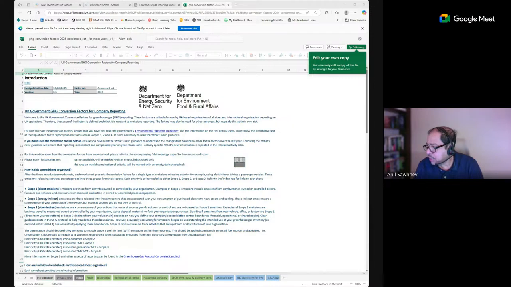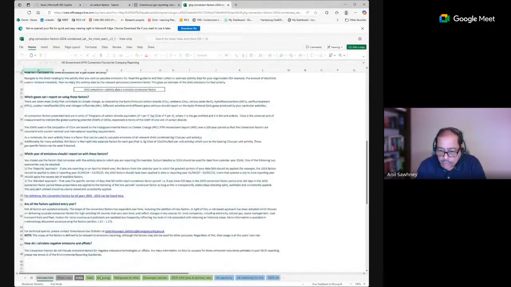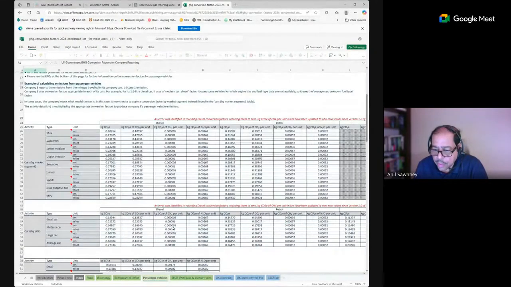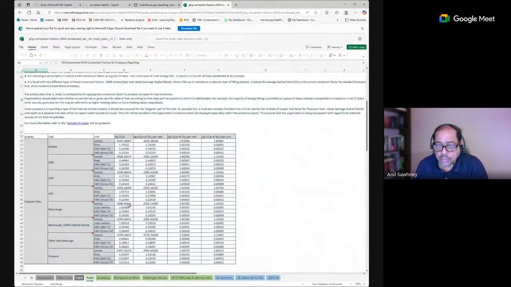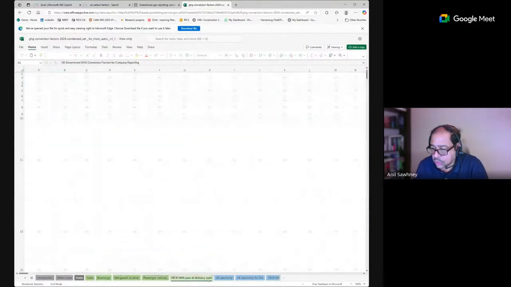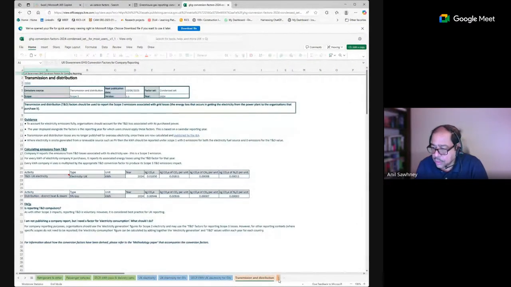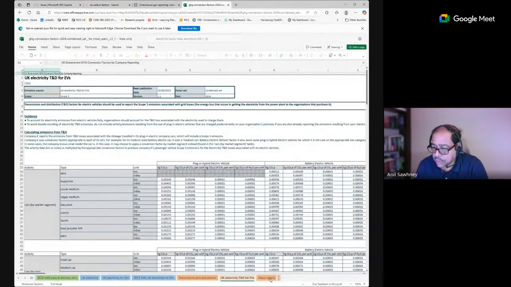Becoming a bit challenging with so many screens open. Okay, so you will see now we are looking for fuels, bioenergy, refrigerant, think we're getting there.